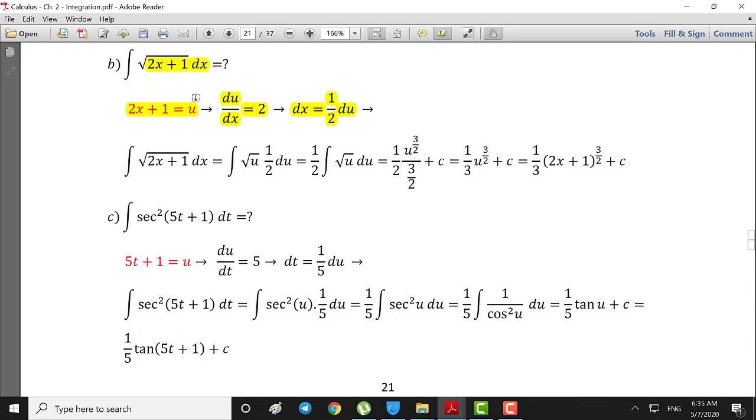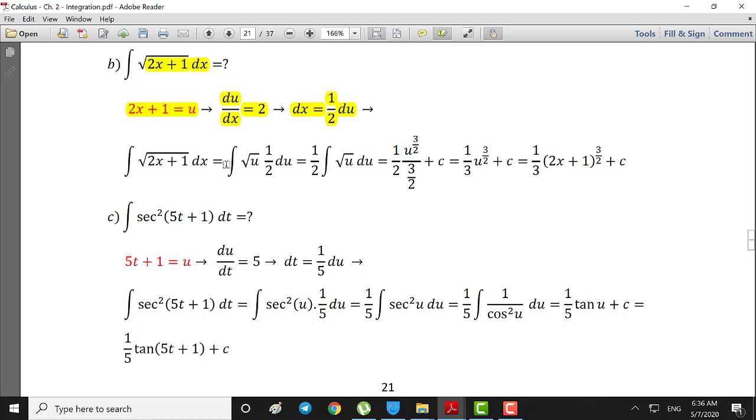So 2x + 1 equals u, dx equals 1 over 2 du. If we replace these two into the original integral that we had, we're going to have the integral of the square root of u times 1 over 2 du, right?